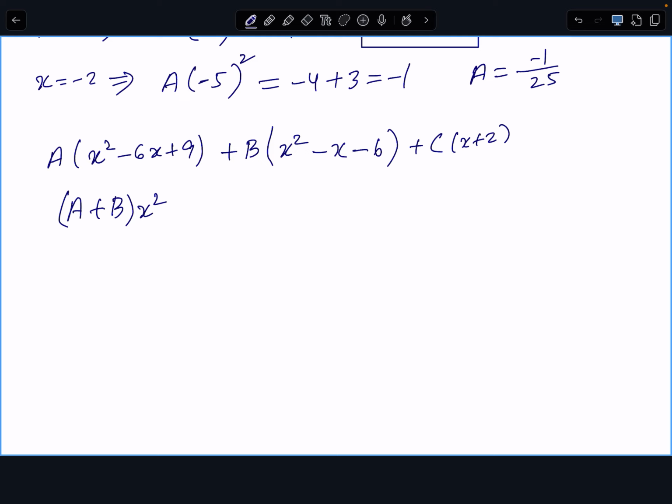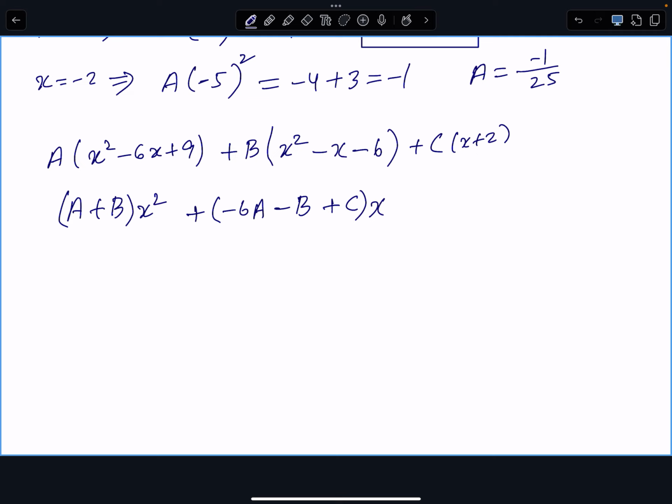And now we're going to go for x plus, this one is minus 6a and this one is minus b. And this one is plus 1, see.